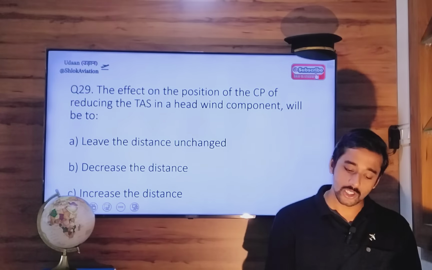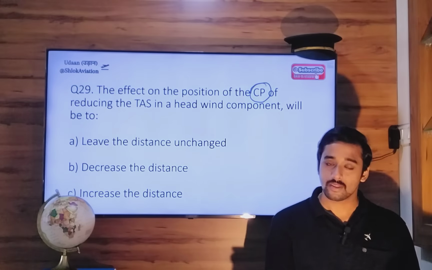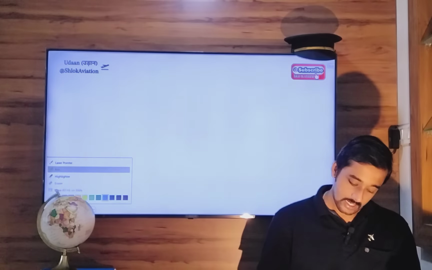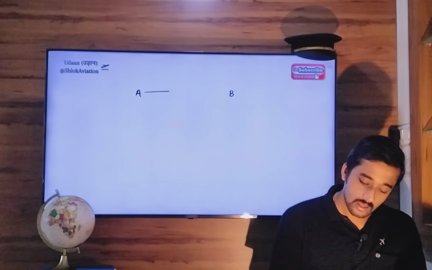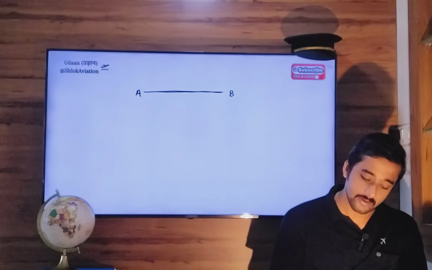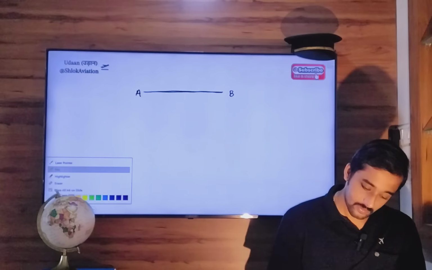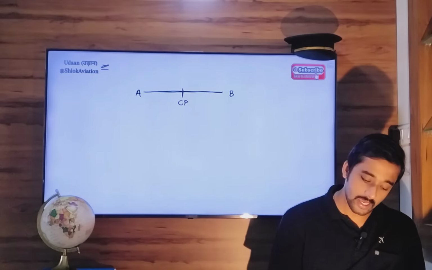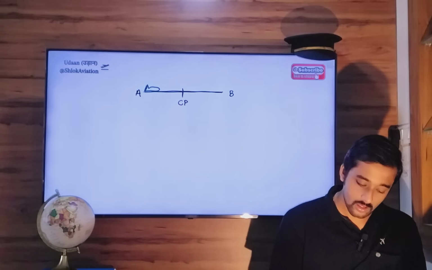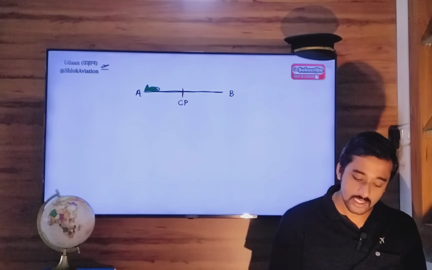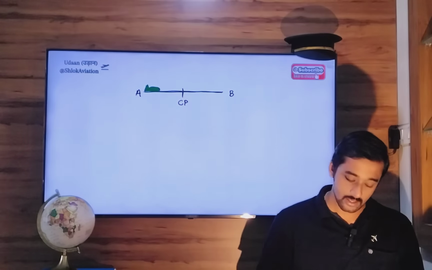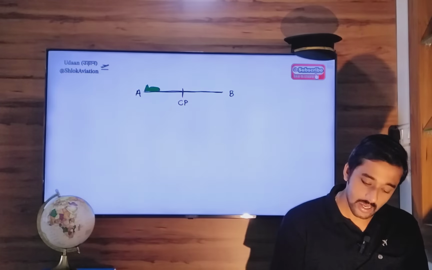The effect on the position of the critical point of reducing the task in a headwind component will be to what? So let's say this is your point Alpha, point Bravo, and there is a critical point somewhere here. Your aircraft is flying from A to B, and this is still air conditions.